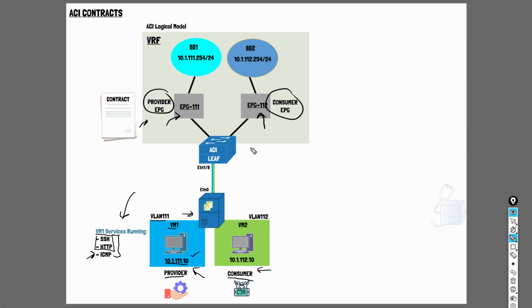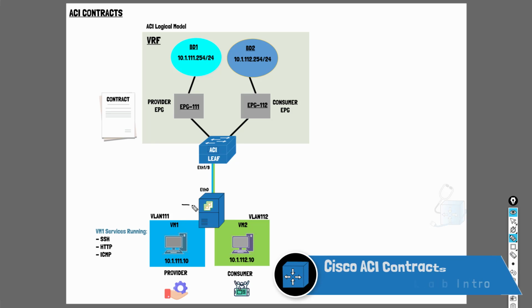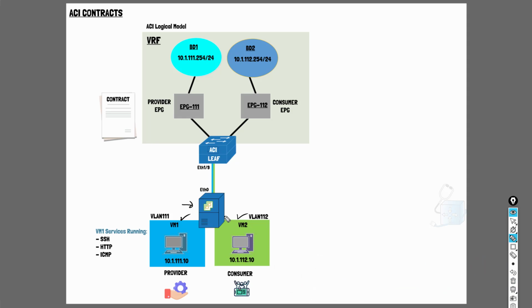But before we even get to that, let me just clear this all, and let me show you what we will do and introduce you to the lab. As I said, we have this ESXi host running in our environment that is running two VMs only right now, VM1 and VM2. They're both separated in terms of VLAN and subnet.